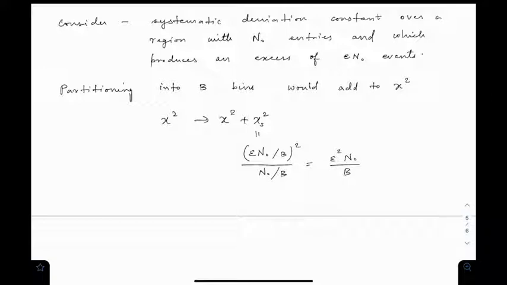The significance is the systematic deviation in units of the expected fluctuation. So epsilon squared n0 over the square root of 2B decreases with the square root of the number of bins.